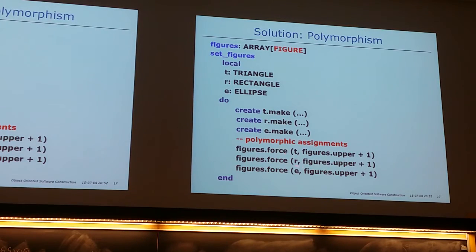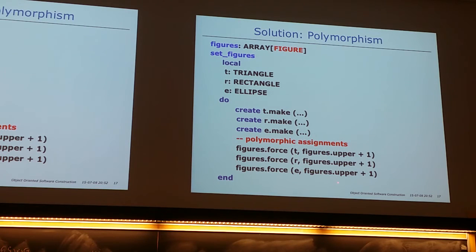Here, because we are trying to expand the array, we are using force. I think in the midterm, quite many of you tried to do almost the right thing by using put rather than force. The difference between put and force is that put wouldn't allow you to expand the array, but force will. Okay. Yes, you have a question?